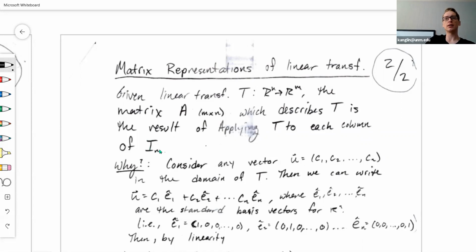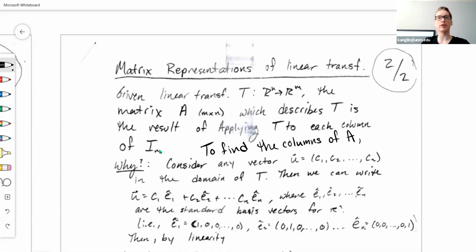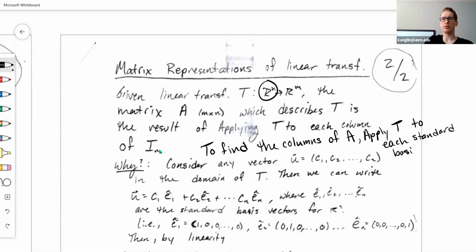All we're saying is to find the columns of A, the matrix representation of your linear transformation, just apply T to each standard basis vector in your domain. Right, and here's a little explanation of why this works.